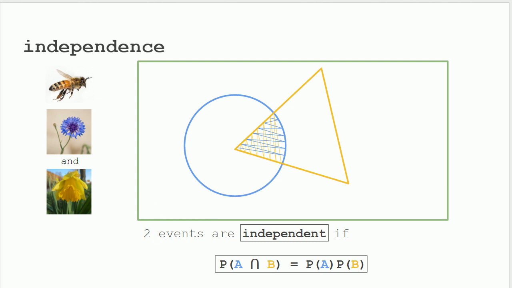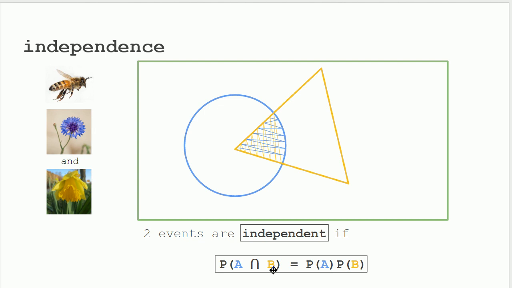So now that we've talked about joint probability, we can talk about independence. An important assumption in these probability operations is whether or not two events are independent. And practically, in this example, what this means is that the bee has no preference for one flower or the other. The only thing that dictates the probability of these events is whether or not a bee physically is flying over that flower.